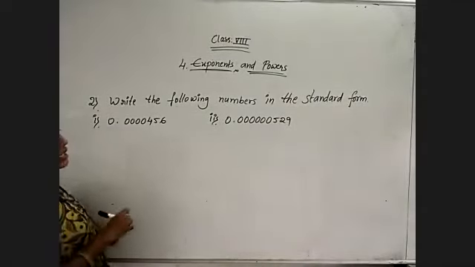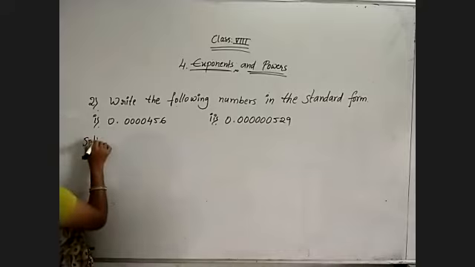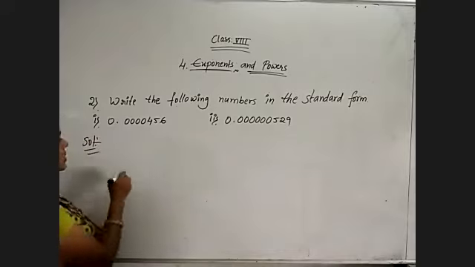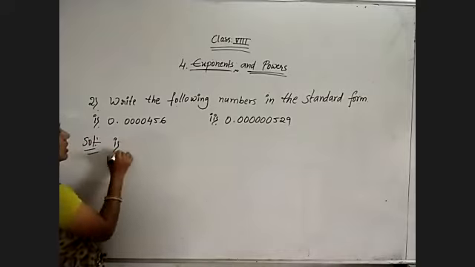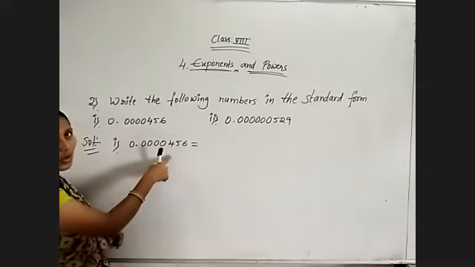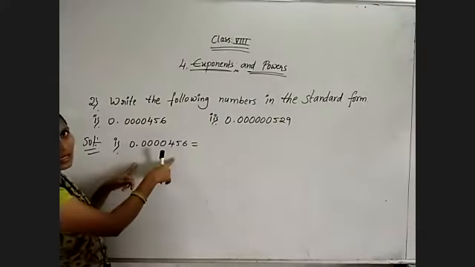Now observe, write the following numbers in the standard form. What is the first question? 0.0000456. It is a decimal value, so a very small number.